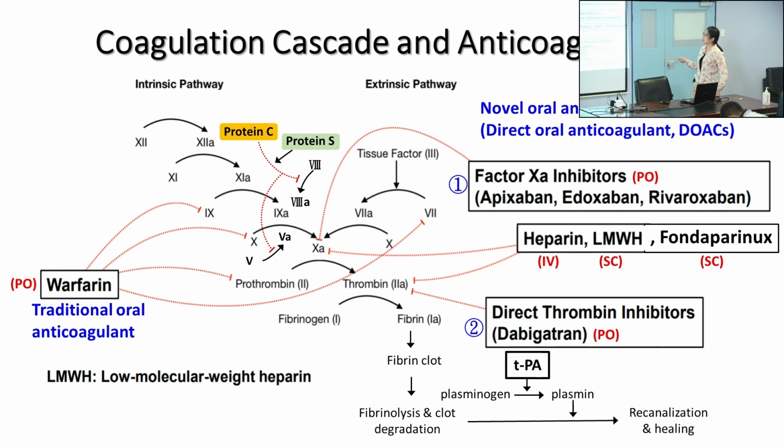There is the intrinsic pathway and the extrinsic pathway, and different coagulation factors are involved in each. The two pathways come together at the level of factor 10, and factor 10 will further activate factor 2, also known as prothrombin. The inactive form is prothrombin, and when it is activated, it becomes thrombin, which facilitates the activation of fibrinogen to fibrin.